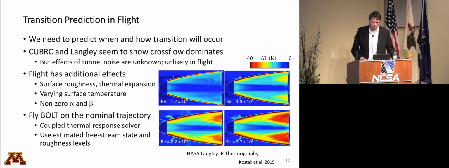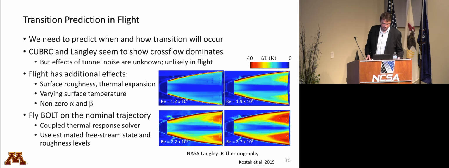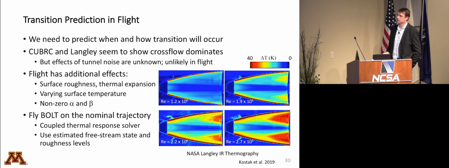Okay, so our real goal is to predict what's happening in flight, and all of the analysis that I just presented was at Purdue Mach 6 conditions, very low free stream disturbance levels, ideal conditions.